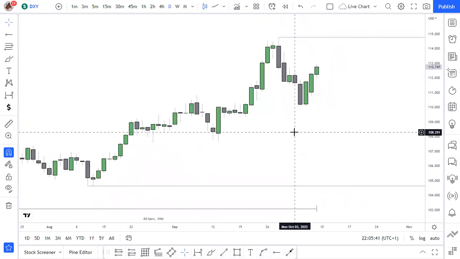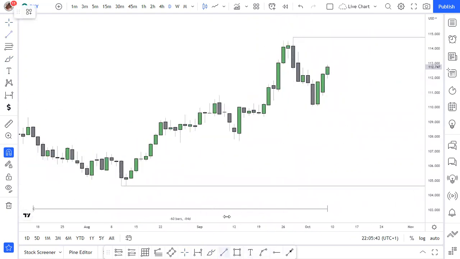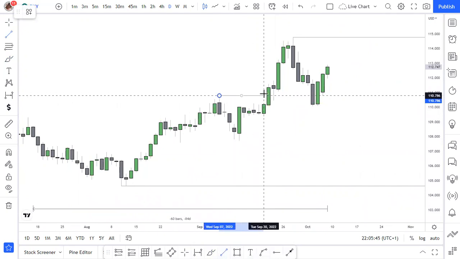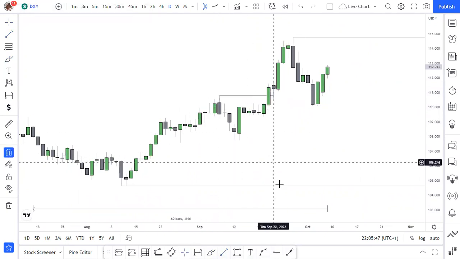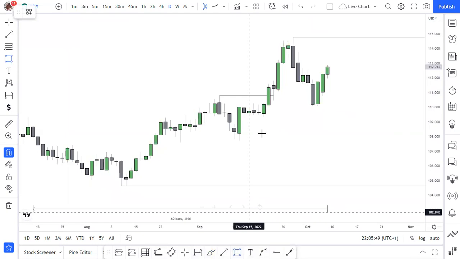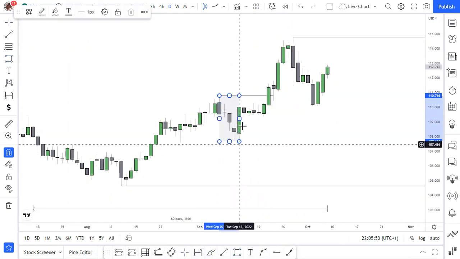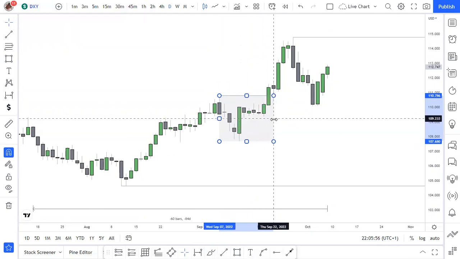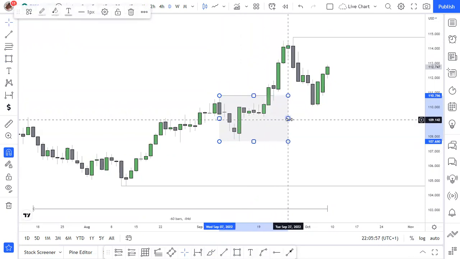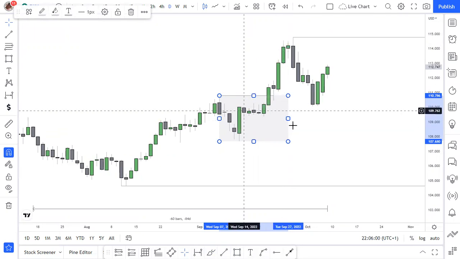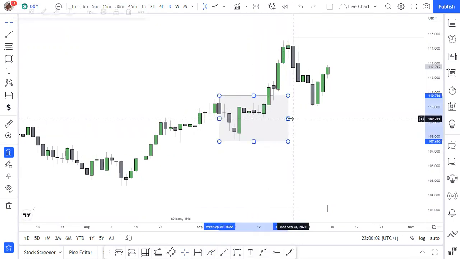So here we had this breakout structure here on the daily time frame. We had this breakout structure here, and after we got this breakout structure, this then becomes our new demand range. And if you've been following us along, you know that I talked about this range here.